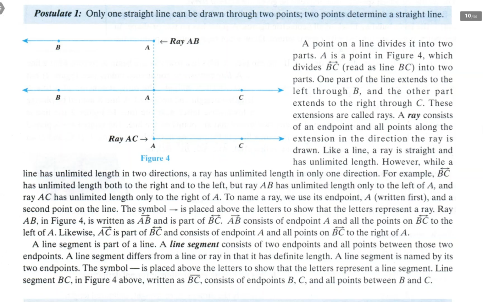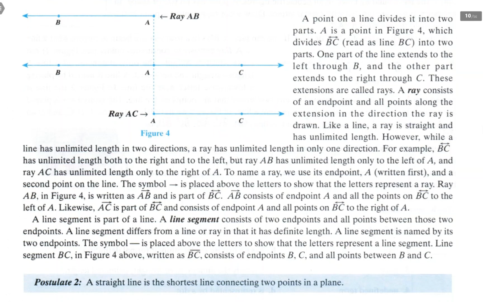That's what a ray is. And the way that you indicate that you're talking about a ray is like this. You draw the letters and then a little arrow on top. That's how you show you're talking about a ray. Now a line segment is different. A line segment has a beginning point and an end point. So line segment AC has a beginning point and an end point.